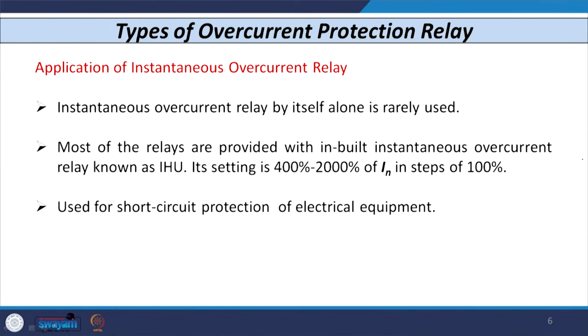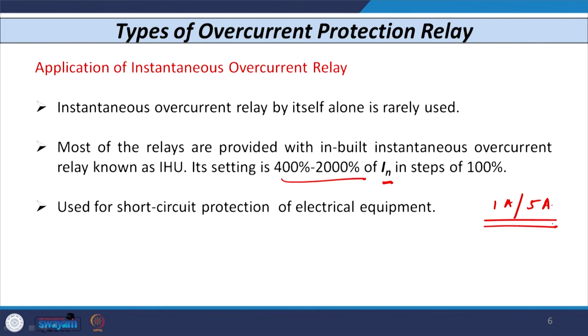Most relays are provided with an instantaneous overcurrent element, which has one setting known as IHU, instantaneous high set unit, and its setting value is normally 400% to 2000% of IN, where IN is the relay rated current. Relay rated current is always either 1 ampere or 5 ampere.